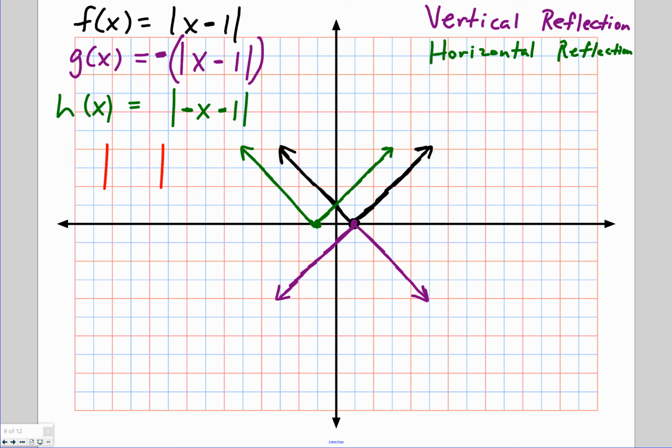No? Okay. You absolutely could. No, because if we did the +1 with the negative inside the parentheses, it would actually be over here. It'd be the black one. Can you do the green one without any reflections or negative signs?